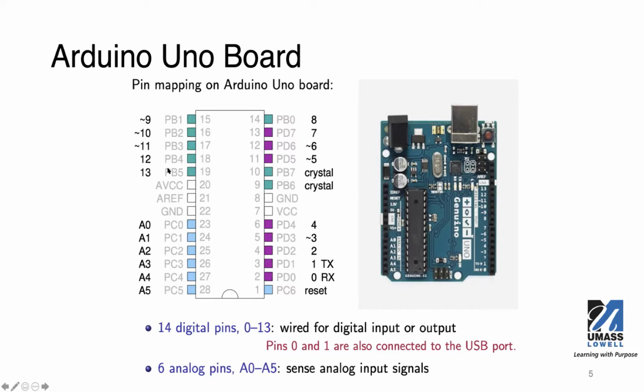So from this map, you can see that from the processor point of view, it names or assigns the pins as PB1, PB2, all these port names. And these pins can eventually be connected or routed to these connectors, and you can label them using different numbers.